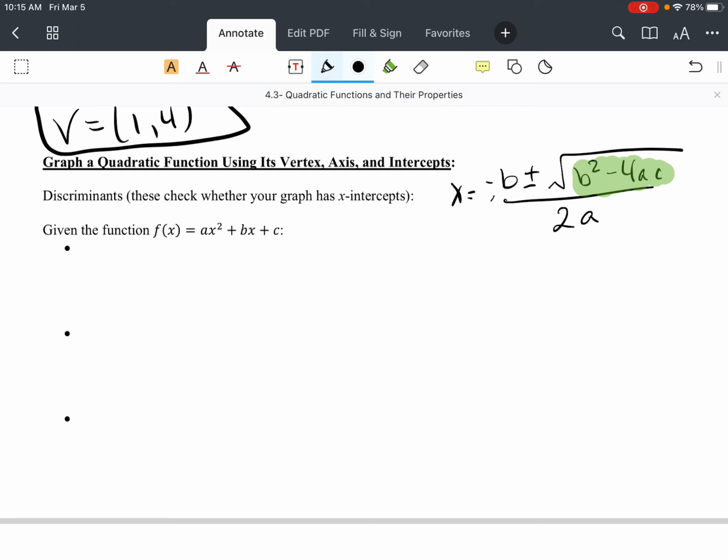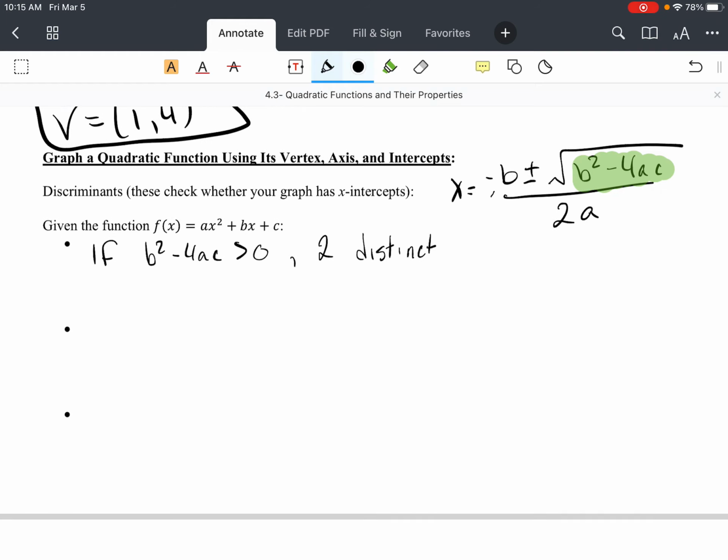All right, so given a function f of x equals ax squared plus bx plus c, if the discriminant, b squared minus 4ac, is greater than 0, so not negative, we have two separate x-intercepts.